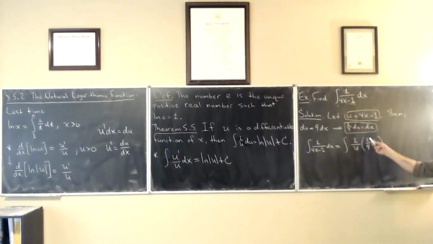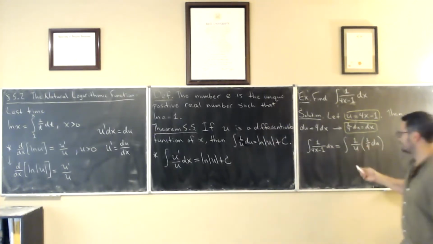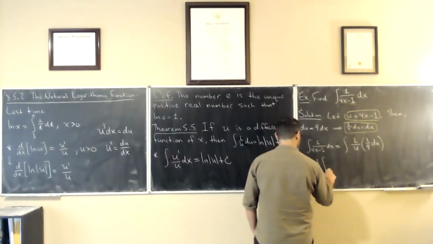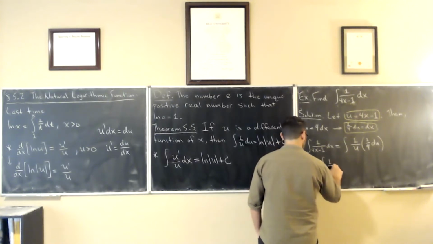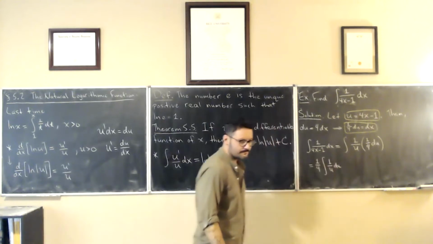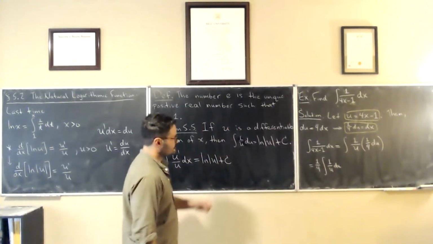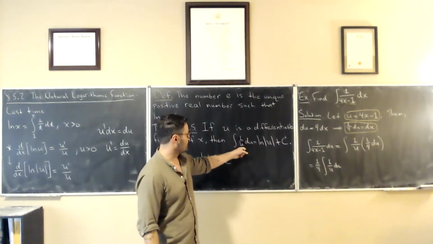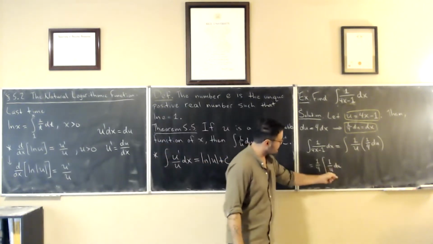That's just a constant, that fourth, so I can pull that in front of the integral. And now we have this form here: 1 over u du.